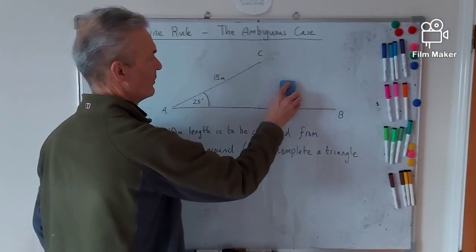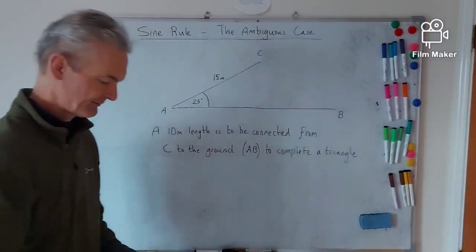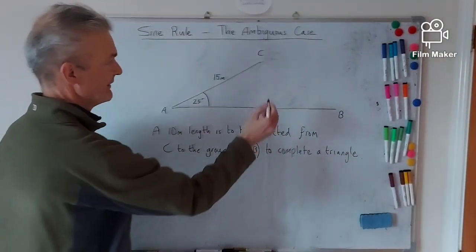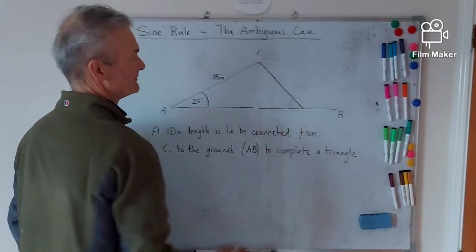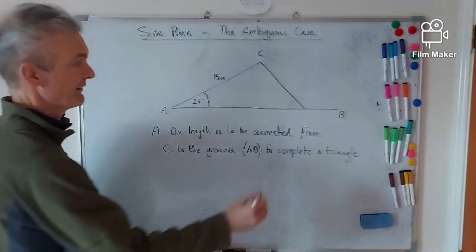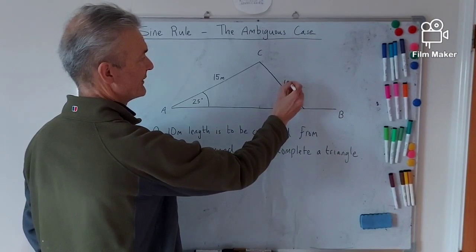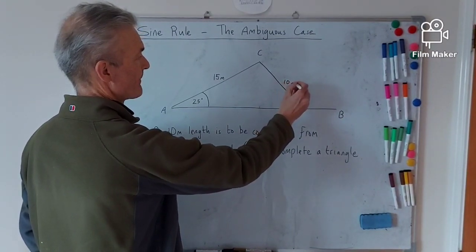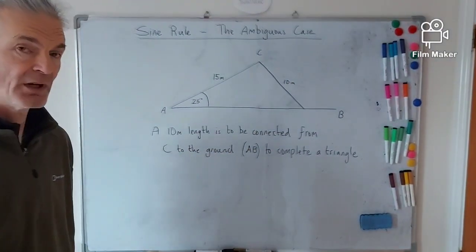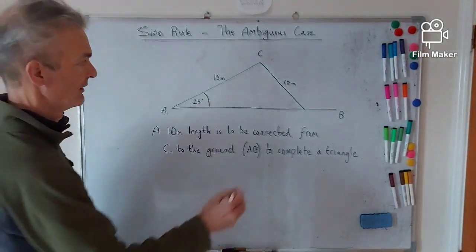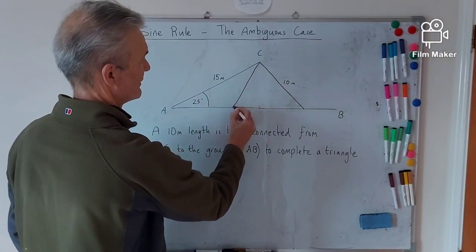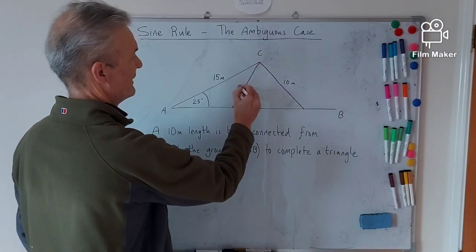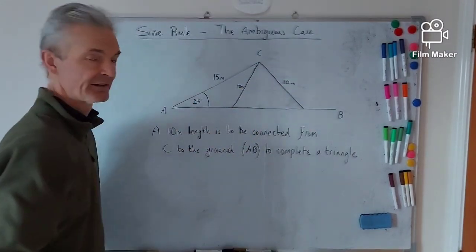So the 10-metre length is going to have to go somewhere over there, and that will make it 10 metres. But you might also spot that it could go this way, and that would also be 10 metres.